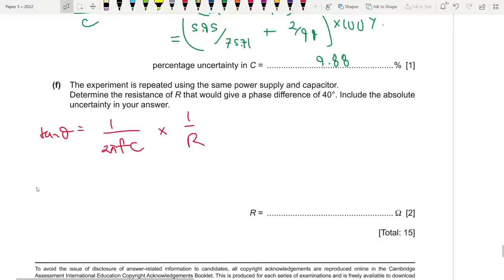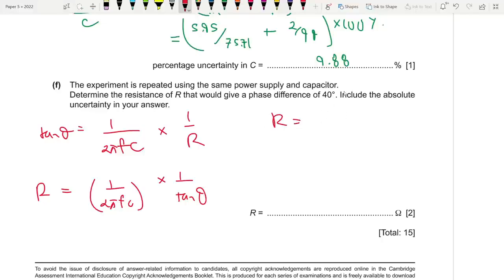If you make resistance the subject, R is equal to 1 divided by 2 pi fc into 1 by tan theta, or R is actually equal to 1 by 2 pi fc, which is the gradient, 75.71, into 1 by tan 40. Let's go for this.